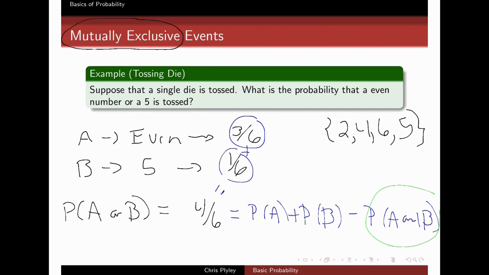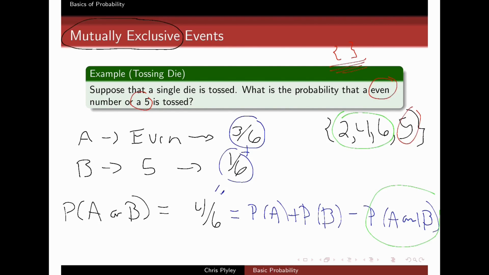If A is the event that I throw an even number, that means I throw either 2, 4, or 6. And B is the event that I throw the number 5. What's the probability that both A and B happen? What's the likelihood of me throwing both an even number and a 5? Well, that's actually 0, because there is no number that is both even and the number 5.